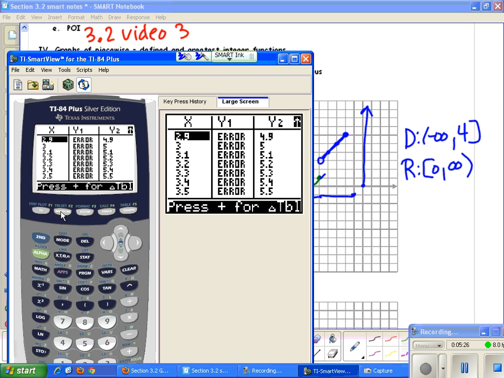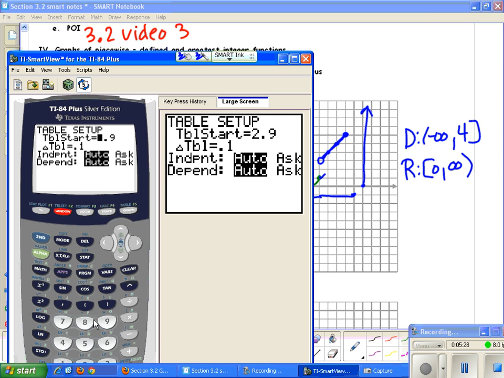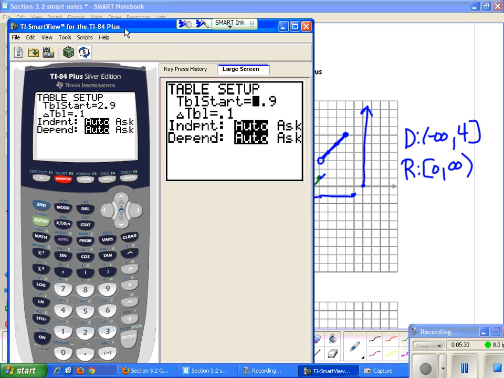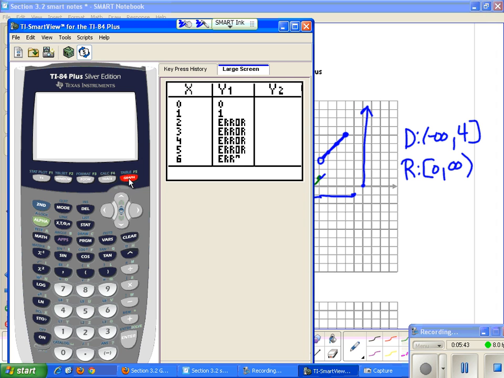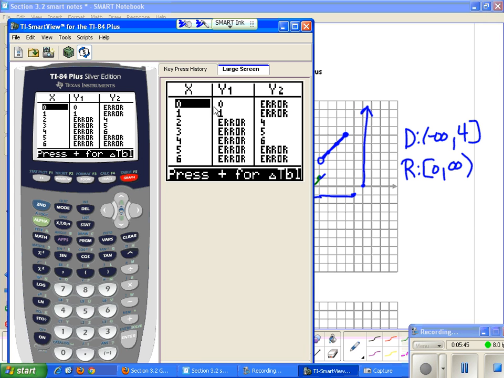I'm going to go back to my window, second window, I'm going to put this at 0. I'm going to start with values of 1. And I'm going to go to my table again. Oops, second graph. Notice that this was the first equation we put in, so we only have values that are less than 1.